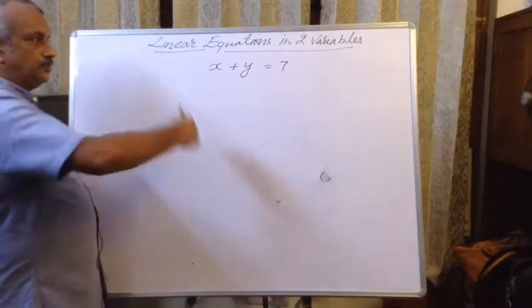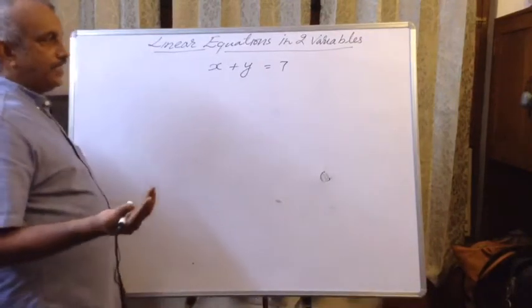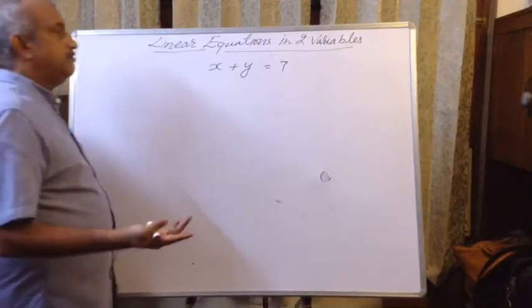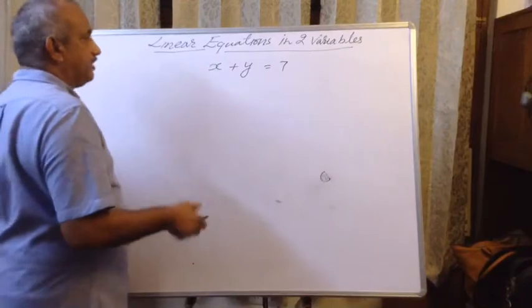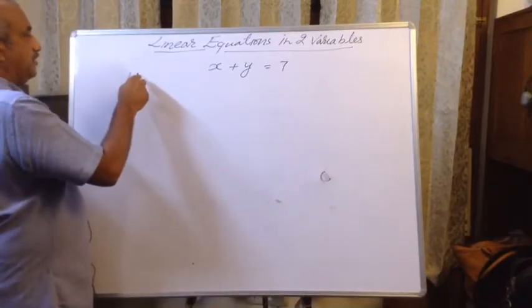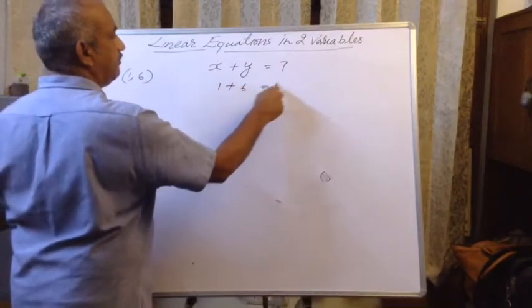When we substitute those values in the place of x and y, we should get LHS is equal to RHS.